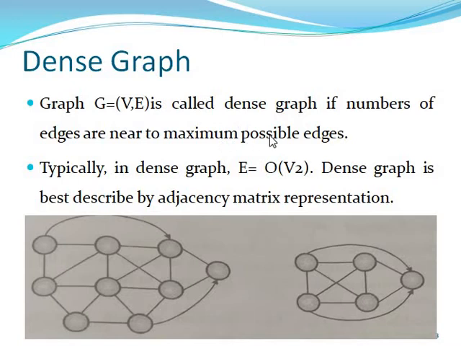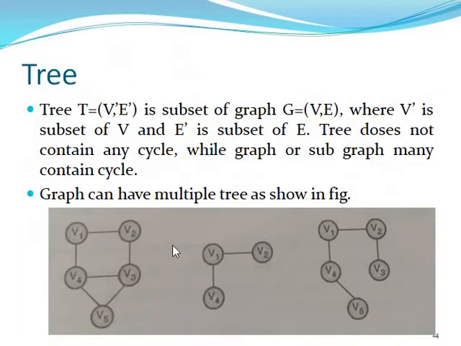The maximum possibility of edges. Here you have seen that in this part, the edges are connected, so the maximum number of possible edges are connected, and this represents the dense graph.